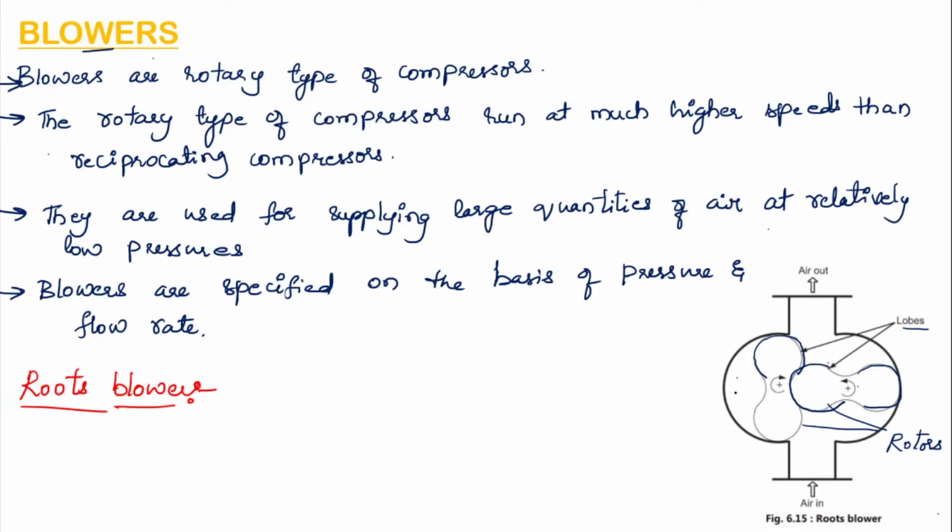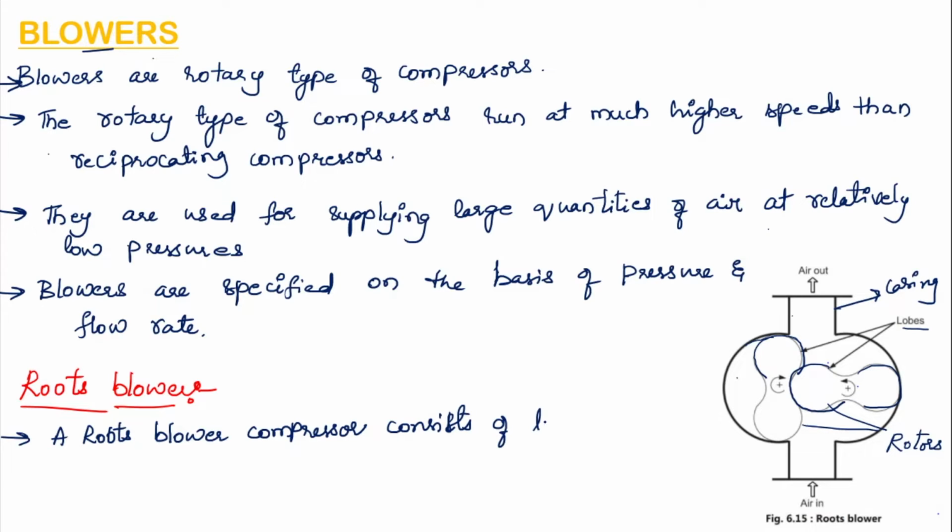This is the casing which is provided, and this is airtight. A roots blower compressor consists of two lobe rotors in an airtight casing.